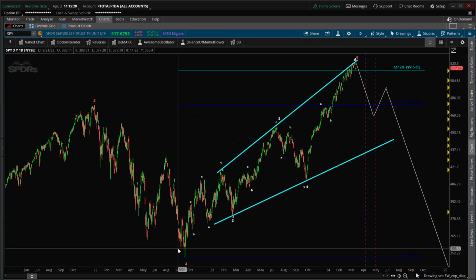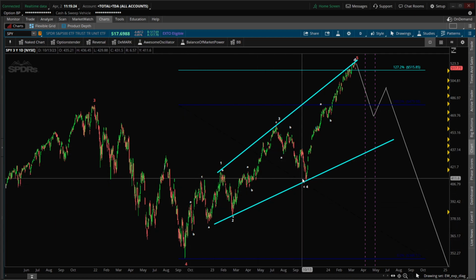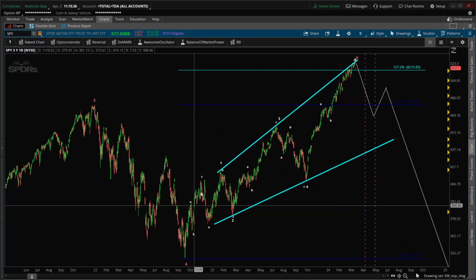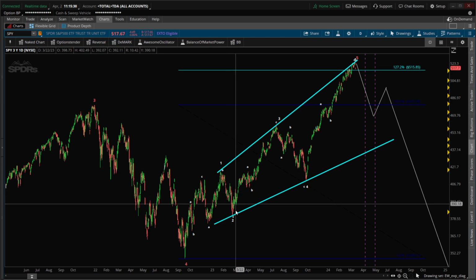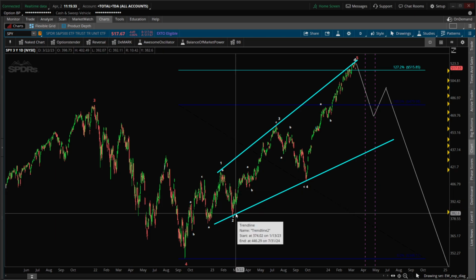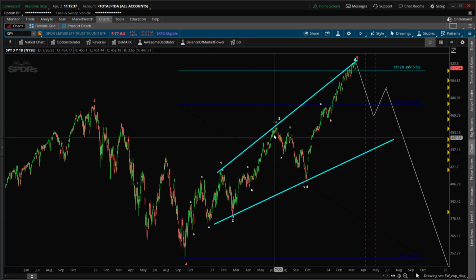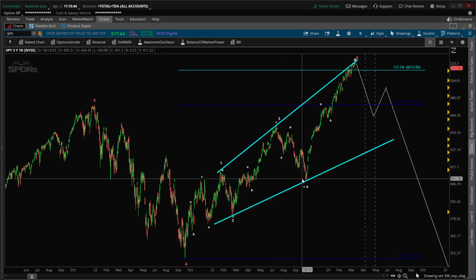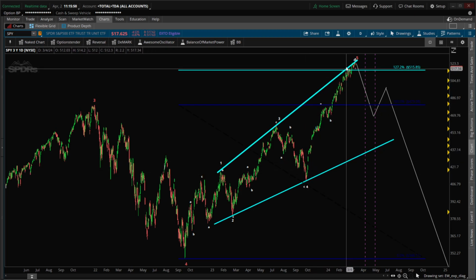We have an expansion of momentum each and every time a wave begins and ends. So we have our initial wave 1, ABC for 1, ABC for 2, and now wave 3 is going to be larger than 1, ABC for 3, you see the expansion here, and then an ABC down for 4, which is larger than 2, and then finally wave 5, ABC, just a massive move to the upside.